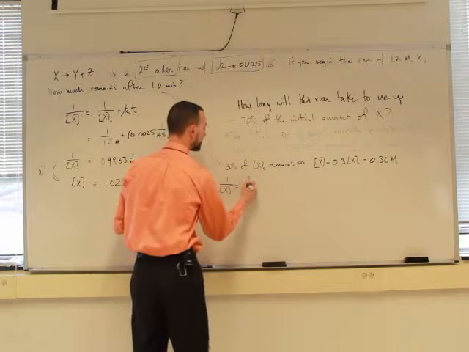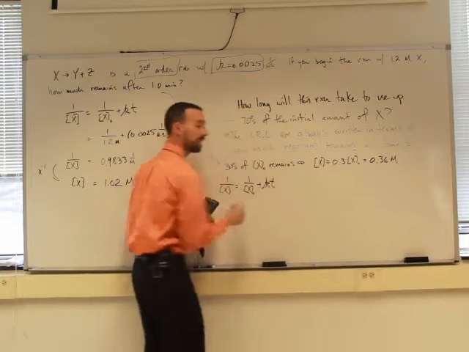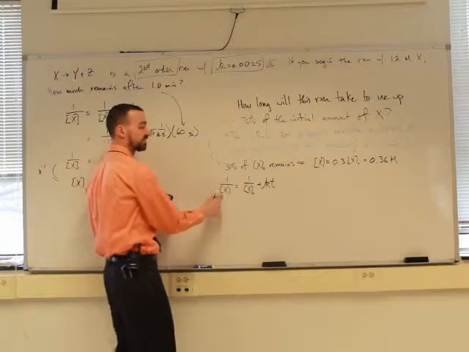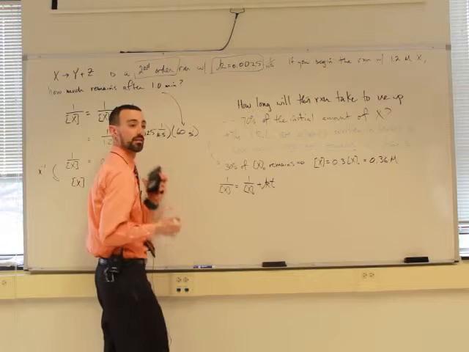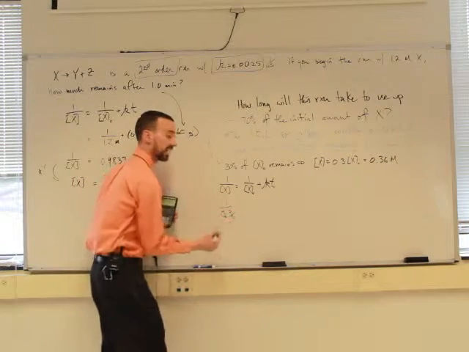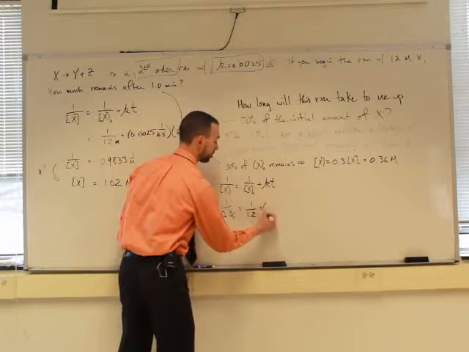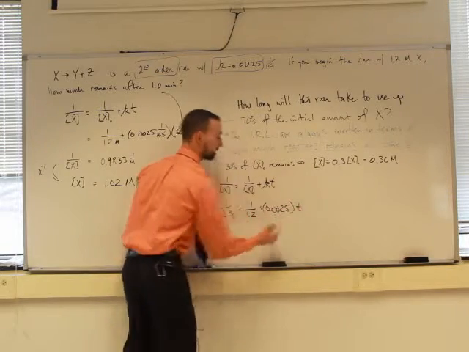So I'm going to use the exact same rate law that I had before, but now I'm not solving for the x over here. I know it. I'm solving for the time. So 1 over the 0.36, because that's how much I have, equals 1 over the 1.2 plus 0.0025 times the t.